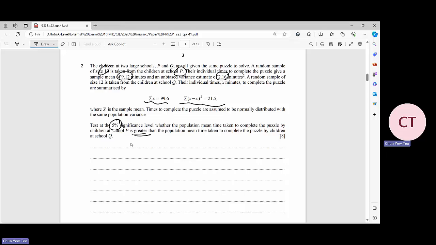Okay, so we need to do a hypothesis test. First of all, we build the hypotheses. The null hypothesis is that the population mean time, so over here we can just say that mu P equals mu Q, against the alternative hypothesis, the population mean time.